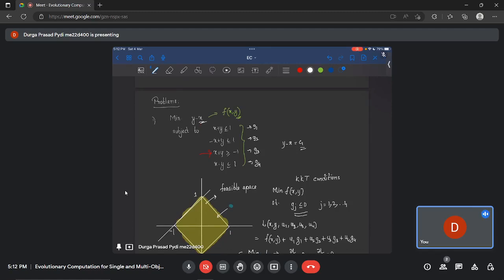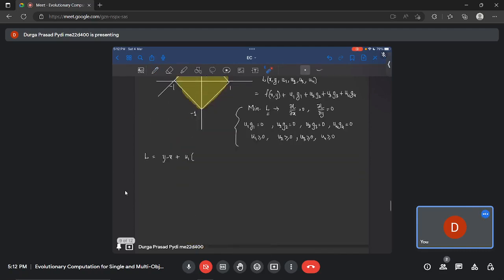If I have to write this in the particular format which says gj is less than or equal to 0, what I essentially have to do is simple: x plus y minus 1.